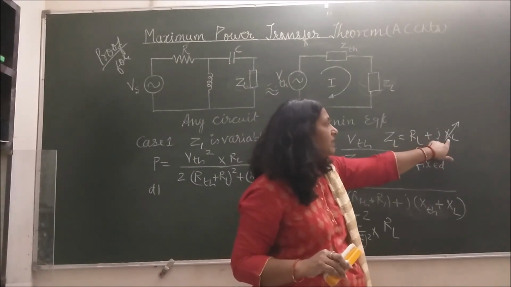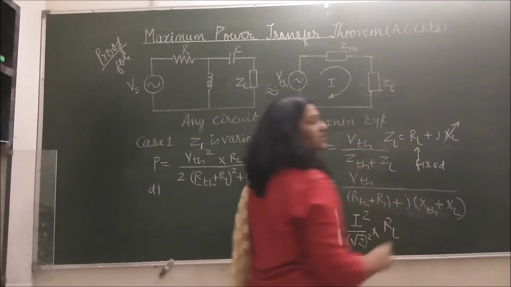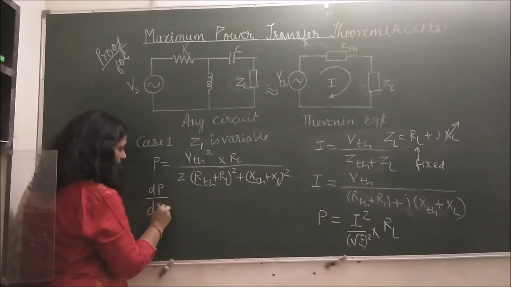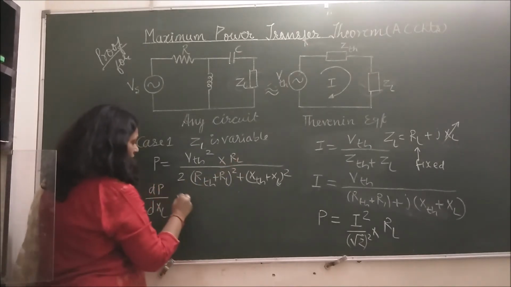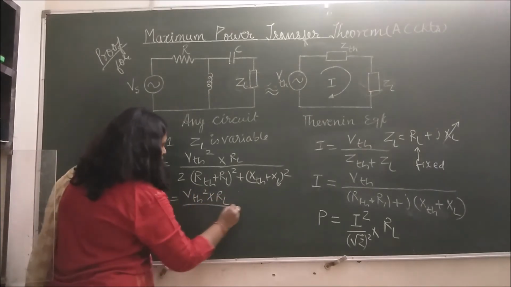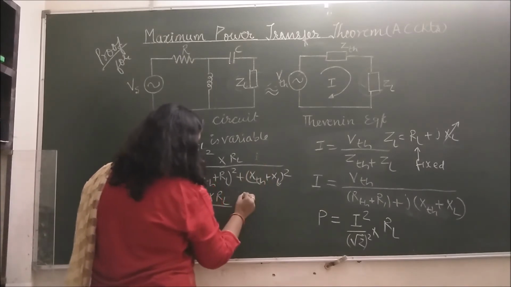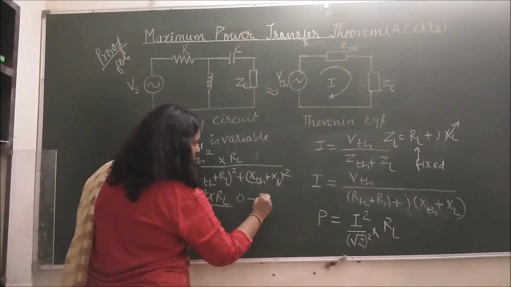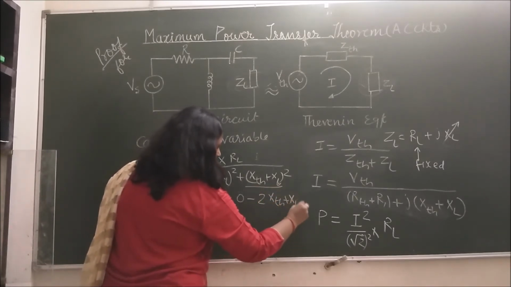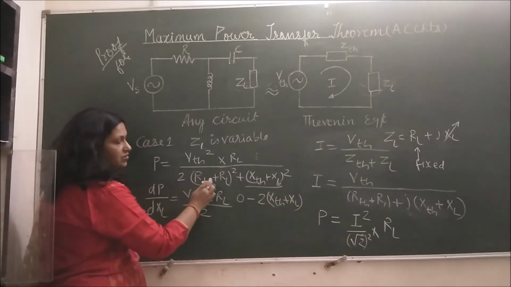So to find the condition, take XL as a variable and RL as fixed. dP by dXL, when RL is fixed, will come as VTH squared into RL by 2, times the derivative of the first term, which is 0, minus twice the derivative of the term XTH plus XL. The derivative of the other term, because it is constant, will be 0.